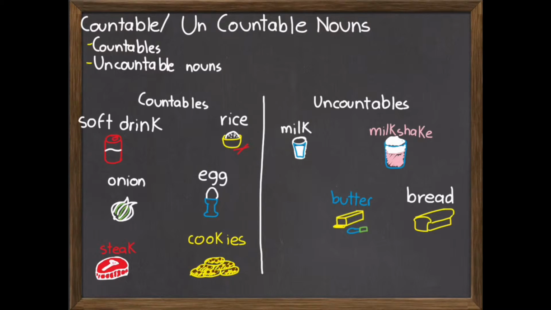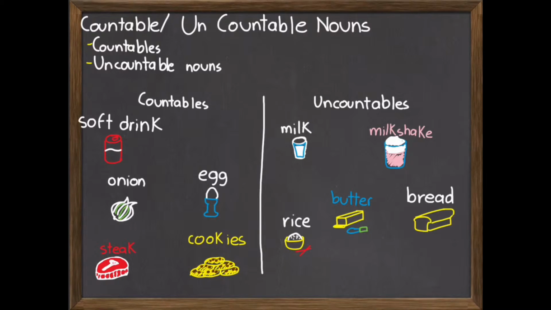We already said that butter was uncountable. What about rice? Is rice countable or uncountable? Well, you cannot say one rice. You can say one grain of rice, a grain of rice, but rice would be uncountable, so we put it here.